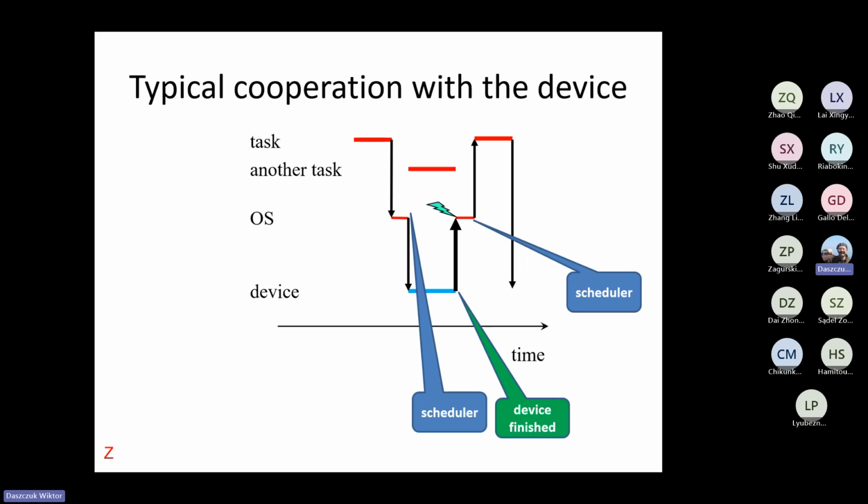The operating system starts the device, and the scheduler chooses some other process to run. An interrupt comes, it wakes up the kernel. The kernel here wakes up the task that was suspended, and it chooses this one or this one. The scheduler is called and it chooses which task to run.